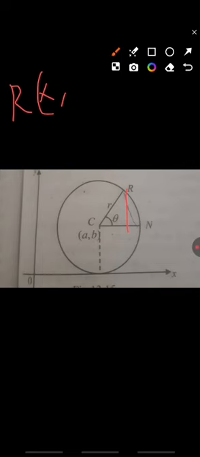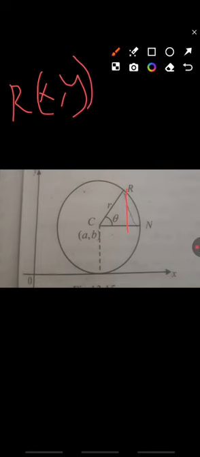Though at higher levels we have points that are described by three coordinates, the x coordinate, the y coordinate, and the z coordinate, at our level we are only considering two coordinates, the x and the y coordinate. So how do we get the value for this coordinate of R?